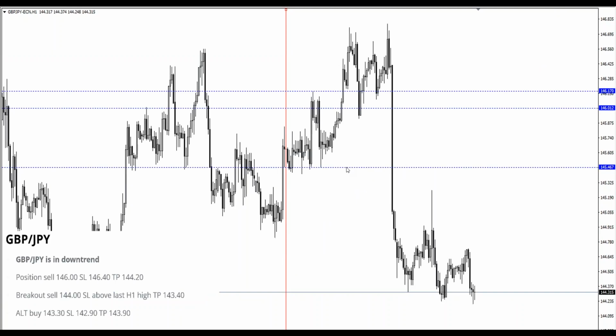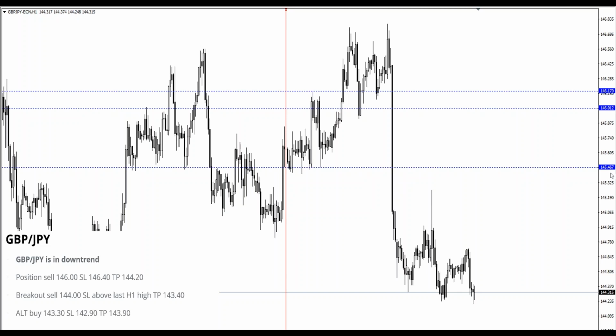And pound yen, definitely pound yen proceeds with downtrend, and now we see a sell position at 146.00 was initiated at this point, a short sell trade.